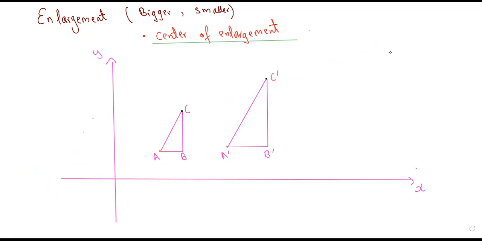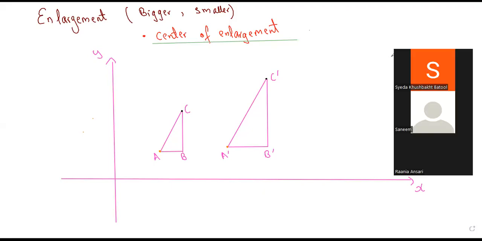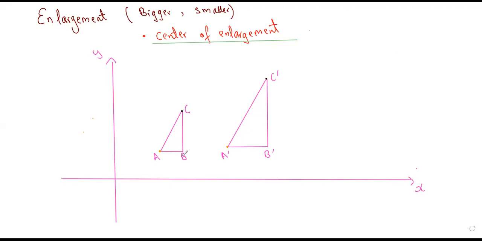Okay, so I'll repeat this again. How do we find the center of enlargement? Just pick up two pairs of corresponding points. So let's say this time around, I am picking up C and C dash, that is the first pair. And then the second one is B and B dash. So let me try connecting them. Okay, so this is the first line.